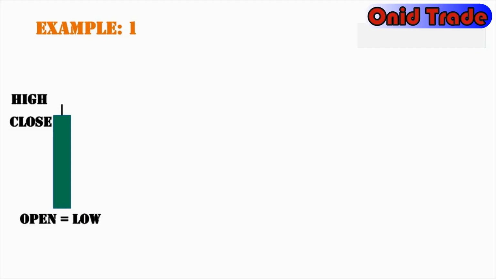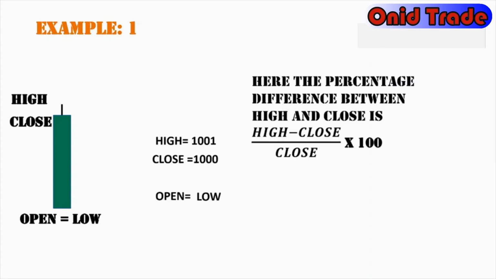Let's take an example, a candle whose open is equal to low, but there is a difference between close and high, meaning you will have a small wick. From the graph, this is the data we are getting. High is at 1001 and it closed at 1000, and open is equal to low. The percentage difference between high and close is calculated by the given formula: (high minus close) divided by close, into 100.